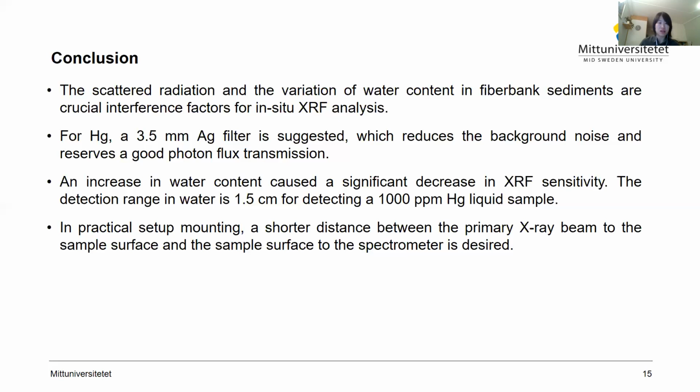The detection range in water is 1.5 centimeters for detecting a 1000 ppm mercury sample. In a practical setup, a shorter distance between the primary X-ray beam and the sample, and between the sample and the spectrometer, is desired.